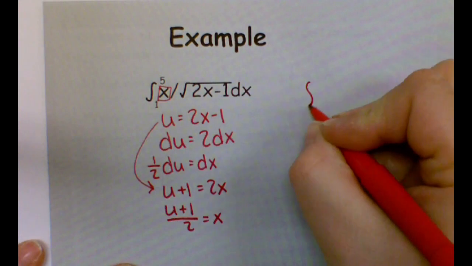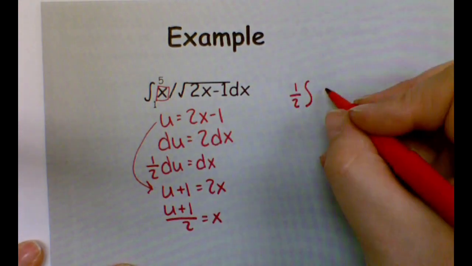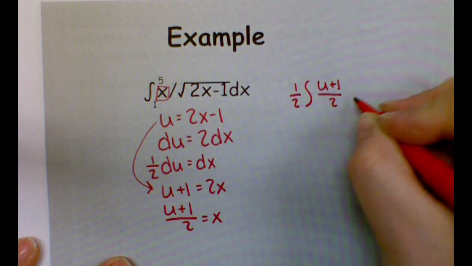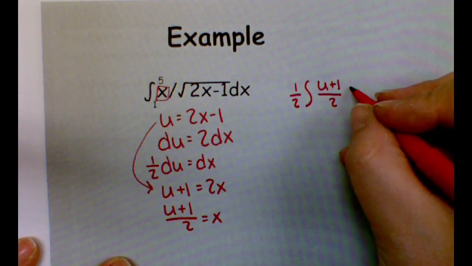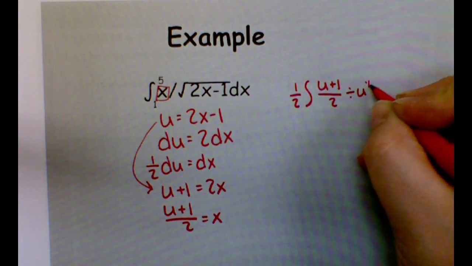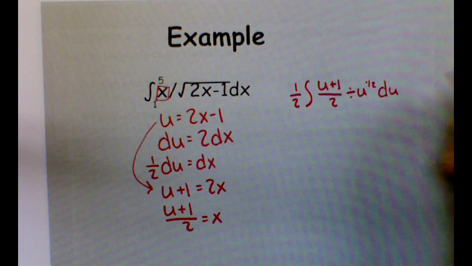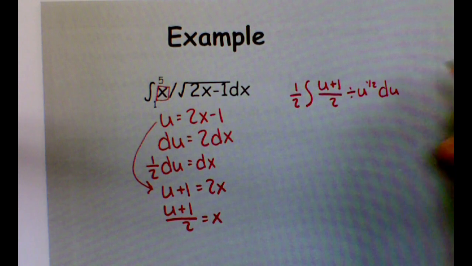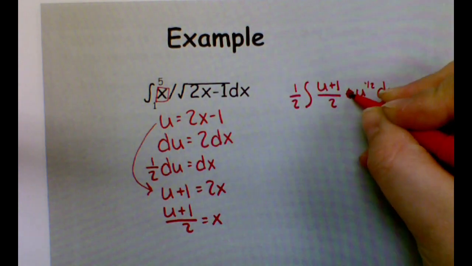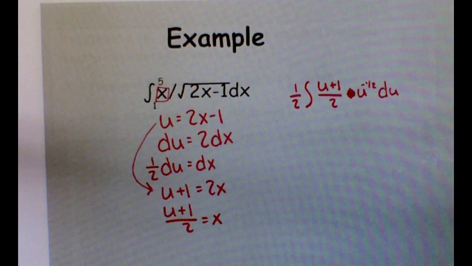So our antiderivative, we got that 1/2 out front. We have u plus 1 over 2 divided by the square root of u du. All right, dividing by square root of u, that means we will actually multiply by u to the negative 1/2 power.